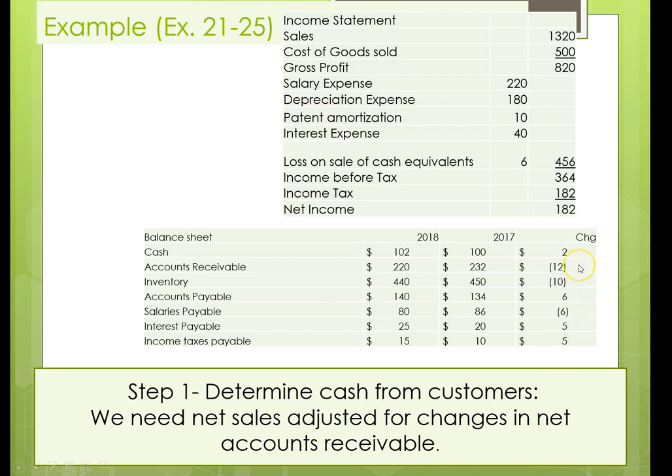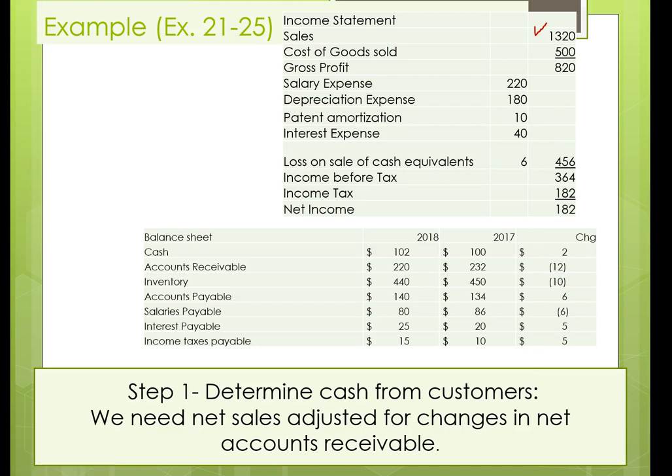We're looking at accounts receivable and inventory, which are our current assets, and we're also going to look at current liabilities, which were accounts payable, salary payable, interest payable, and income taxes payable. So we're going to start with our income statement, and then we're going to adjust for anything that's not cash associated with these transactions.